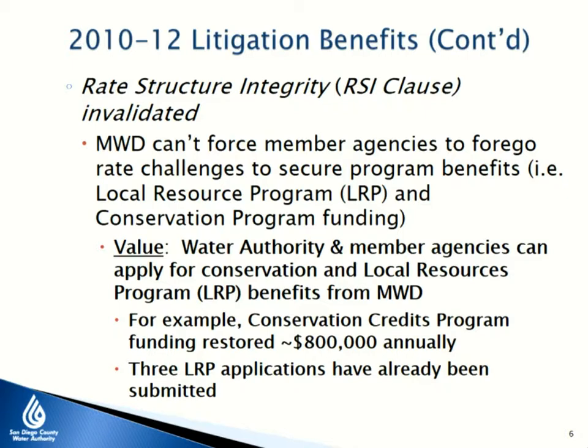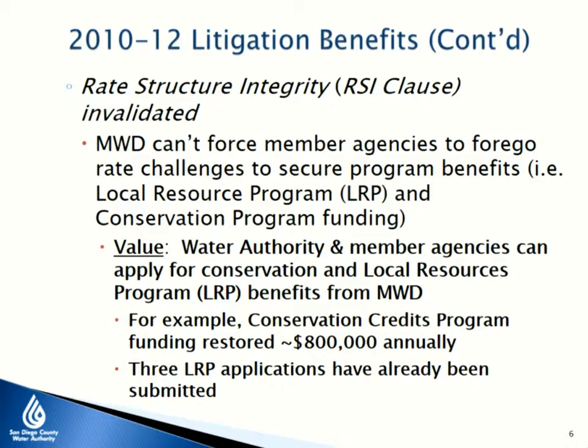In addition to that, there was something called the Rate Structure Integrity Clause. What Metropolitan did was they inserted basically a poison pill clause into their conservation agreements with member agencies, whereby if the member agency dared to challenge Met rates, either in the courts or even go to the legislature to try to get some changes there, they would lose the value of their conservation contracts, and the conservation contracts would be ended.